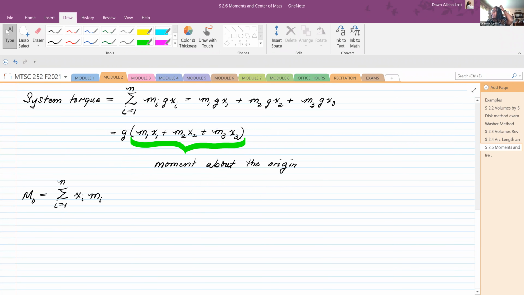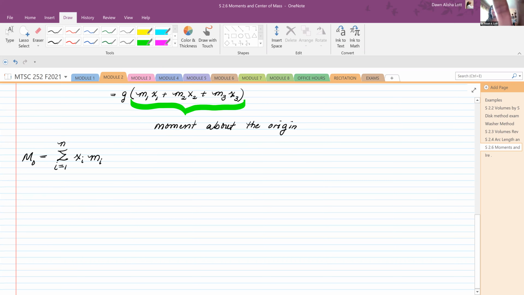Okay, so now that I have defined what that moment is, let's suppose I put the kids there, but I want to move the fulcrum. Okay, so before I was trying to move the kids. Now I want to move the fulcrum. Okay, so we want to place the fulcrum at a location that's going to balance the system.